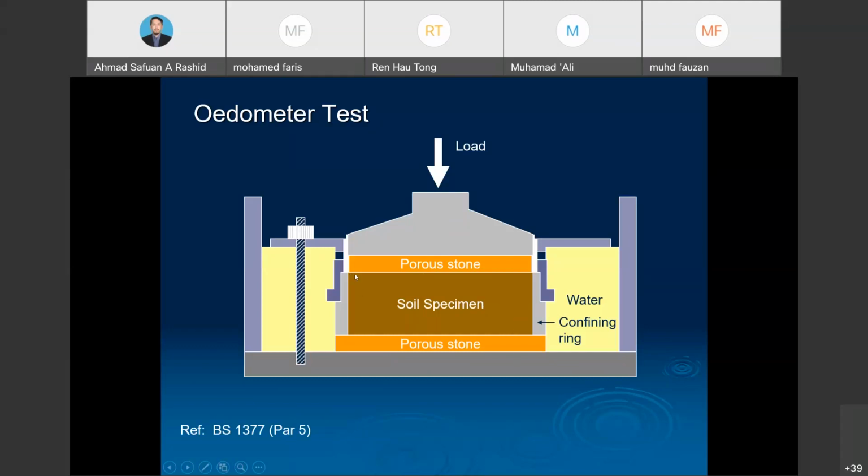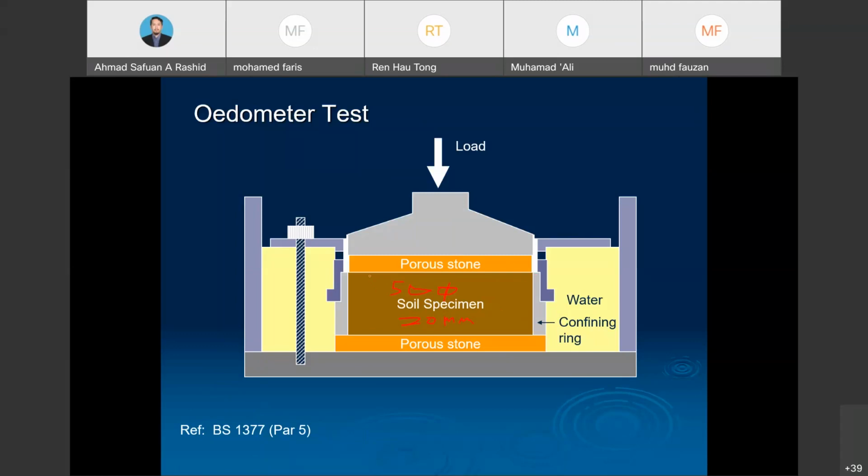The soil specimen is 50 millimeter in diameter and 20 millimeter in height.